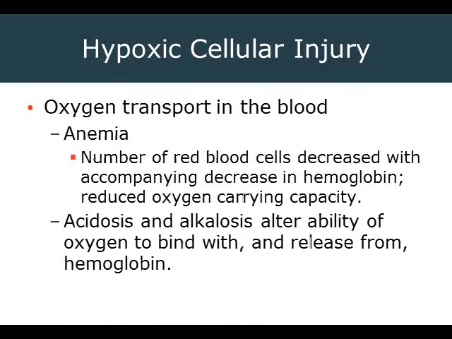Oxygen transport in the blood. We may have a couple of things that may cause some issues here, such as anemia. Anemia is a decreased number of red blood cells with an accompanying decrease in hemoglobin, which reduces their oxygen carrying capacity. Now, this is not always a lower number of red blood cells. Most of the time when we think about anemia, we think, oh, they have low red blood cells.